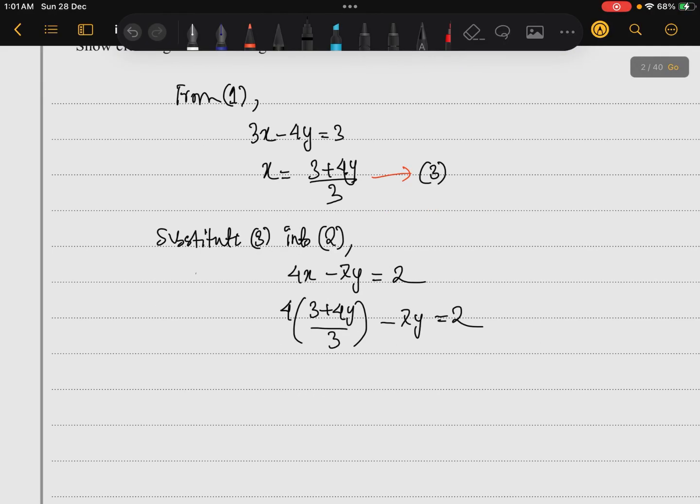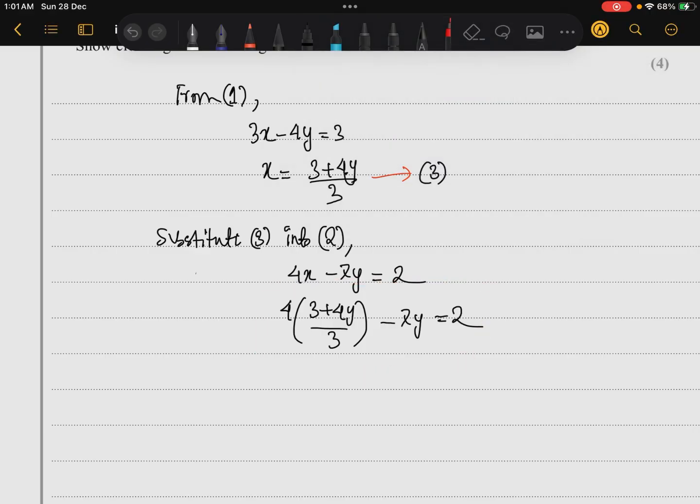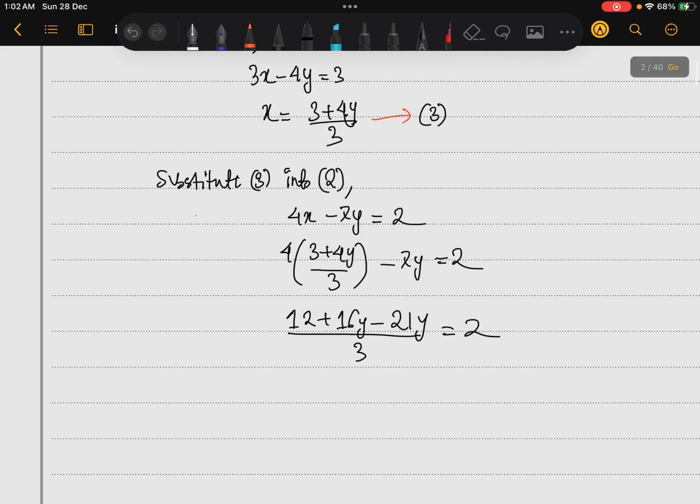Now we can calculate the value of y, as there are no x in this expression. So let's simplify. 4 3s are 12, 4 4s are 16y, 3 7s are 21y divided by 3 is equals to 2. Okay, and 16 minus 21 is minus 5y, 12 minus 5y.